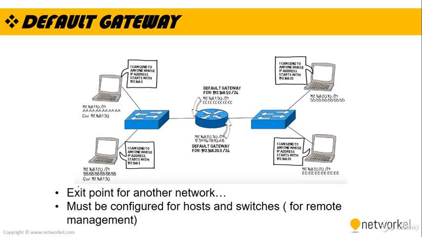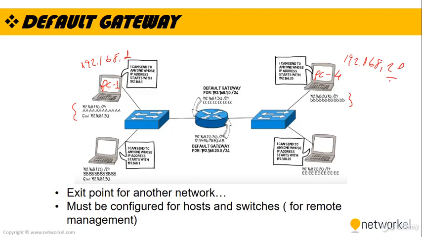For example, in here, PC1 wants to communicate with PC4, and they have different network IDs. The network ID of PC1 is .1. The network ID of PC4 is .20.